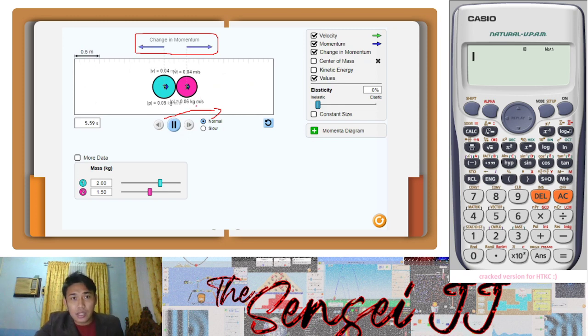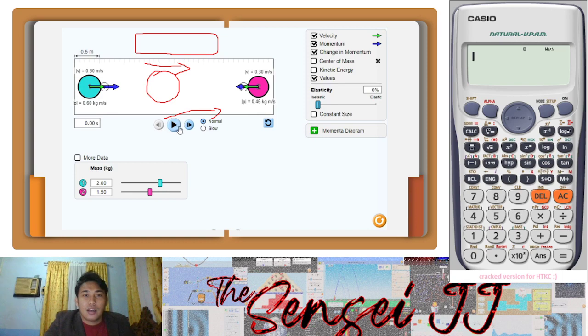Okay, so regarding the change in direction of momentum, this ball one has a greater momentum, so even though there is a change in momentum, it is still going in the same direction. This is a greater momentum that the other ball cannot stop. Meaning, even though they collide, the greater force, the greater momentum still prevails.